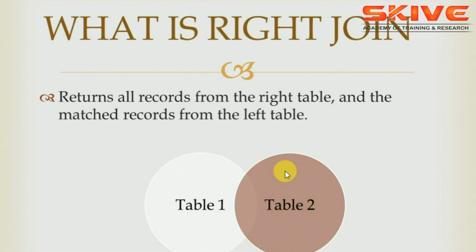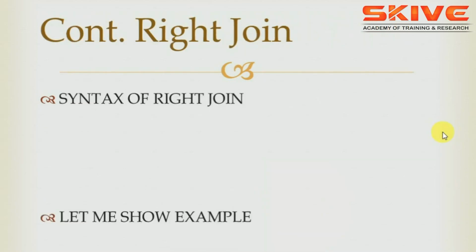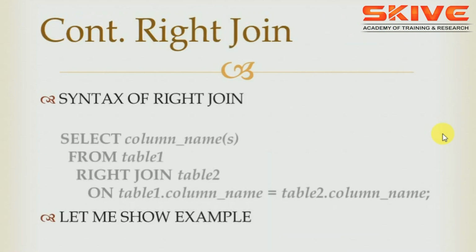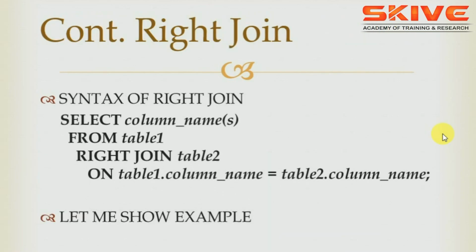Next, the syntax: SELECT column values FROM table 1 RIGHT JOIN table 2 ON table1.column_name = table2.column_name. Let me show the example.